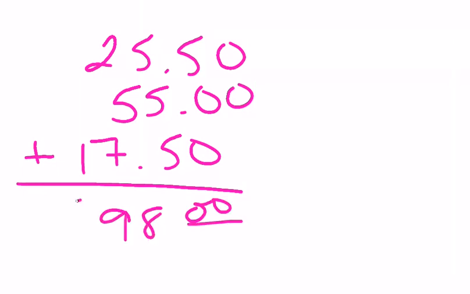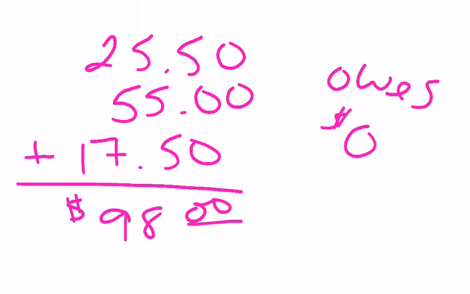Now, the chart in the lesson says that a person's allowed to spend up to $100, so it cannot exceed $100. Because $98 is less than $100, this person actually owes customs $0.